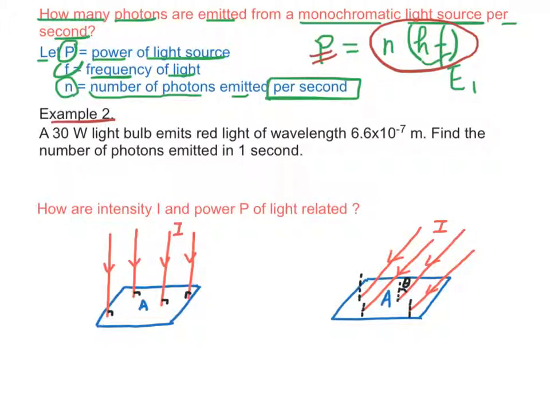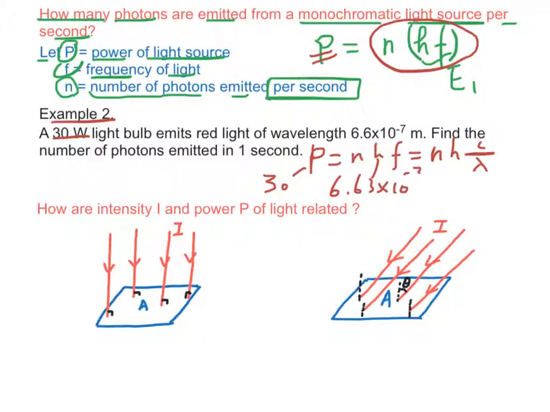Example 2. By the equation P equals Nhf equals Nhc over lambda, substitute P equals 30, h is 6.63 times 10 to the power negative 34, c is 3 times 10 to the power 8, lambda equals 6.6 times 10 to the power negative 7.